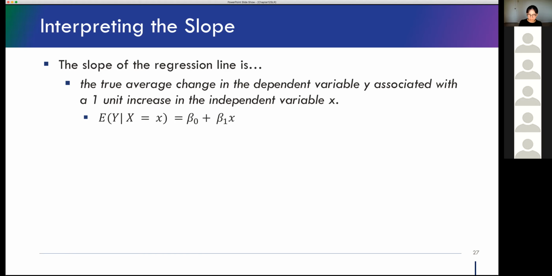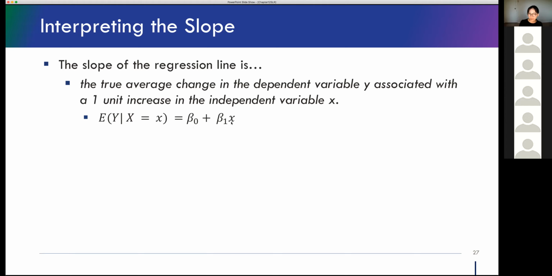The interpretation for the slope is the true average change in the dependent variable y, the response variable, associated with a 1 unit increase in the independent variable x. So if we increase x by 1 unit, how much would y change? That's what this slope value means.